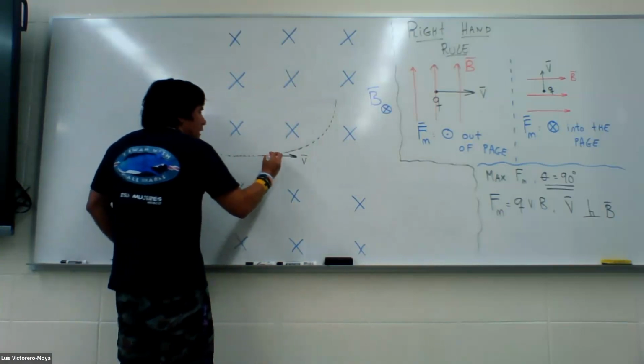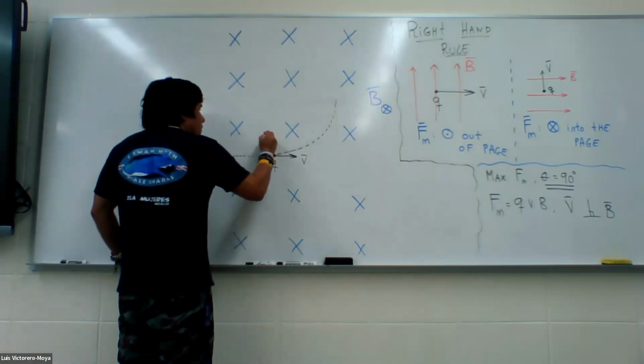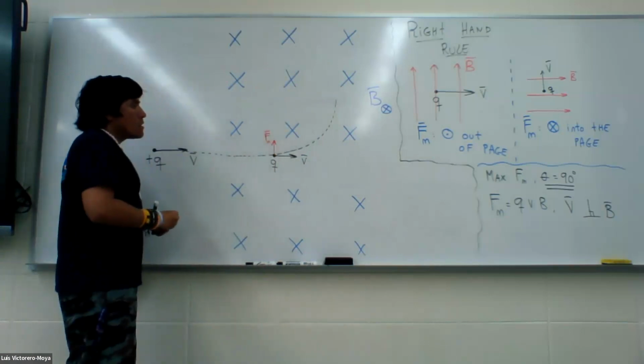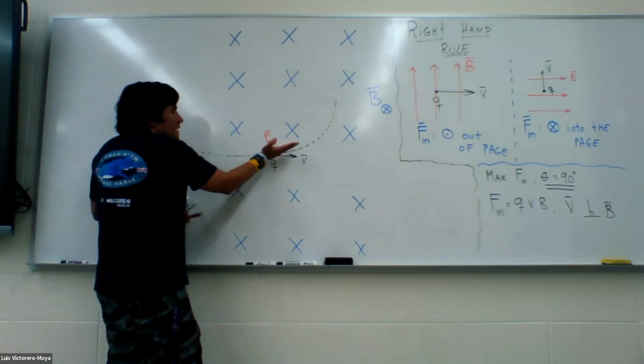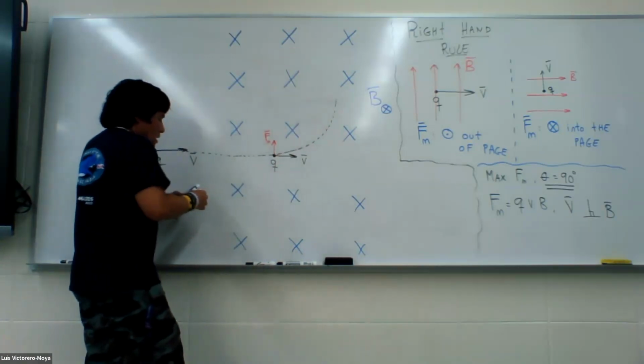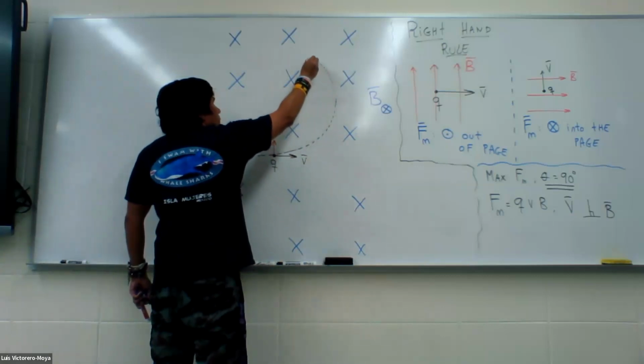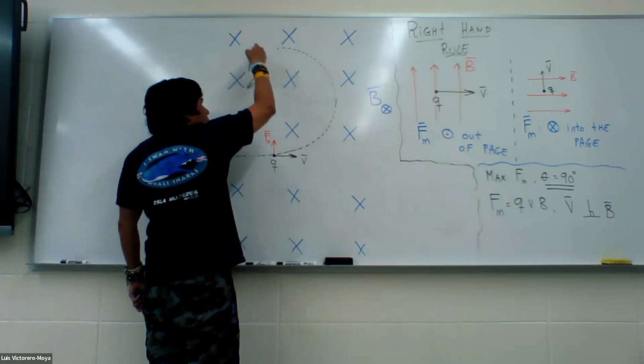So there is a magnetic force going upwards. So the charge is deflected up. What about here? Why does it do that?